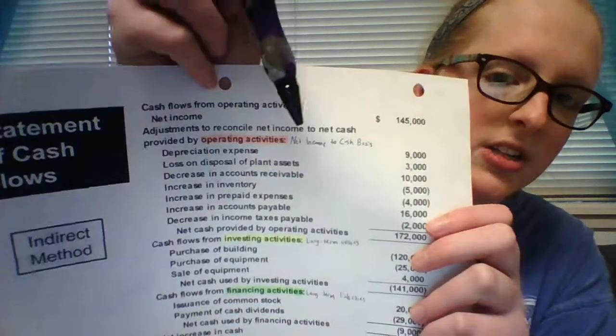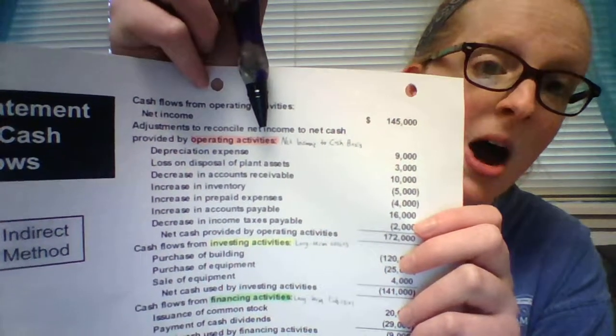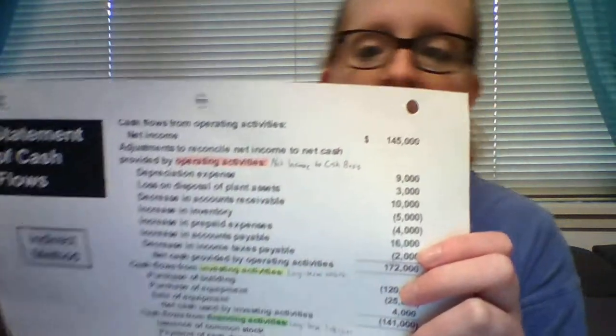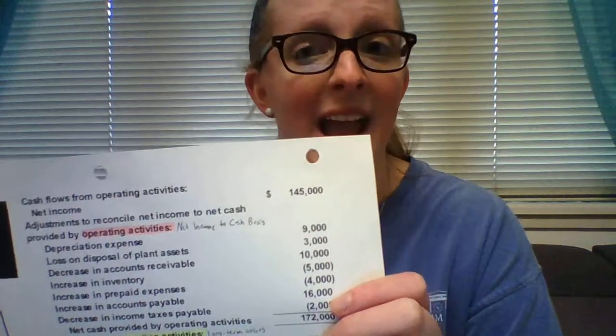So what I mentioned just a moment ago is that there are 3 large categories. I said operating activities, that's here in orange. Operating activities is converting your net income to a cash basis. After reading the chapter, you might know that operating activities have to do with your revenue and expense accounts.